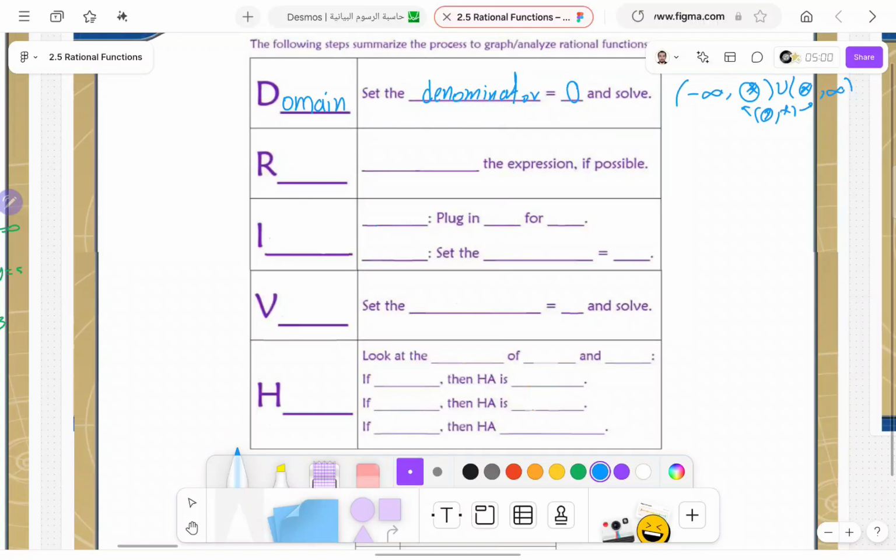Now the next step is to reduce. Reduce means try to factor, if possible. Factoring the expression means, for example, if you have x plus 2 over x plus 3 times x plus 2, you cancel these two together, then the function becomes 1 over x plus 3.